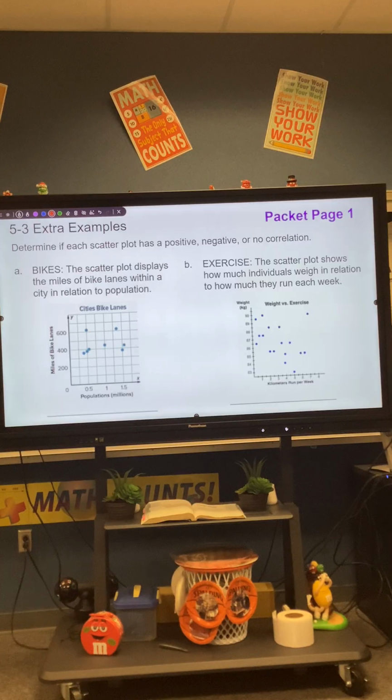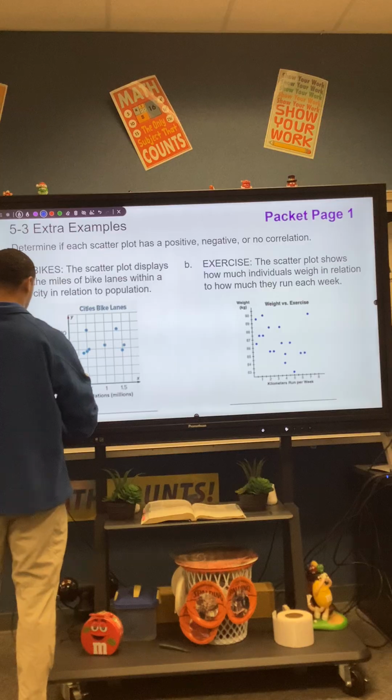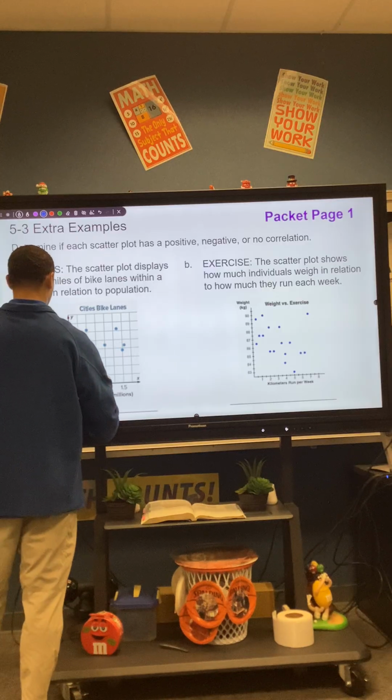So for A, my bikes. Davion, is this a positive, negative, or no correlation? No correlation. Why is that? Because none of them are directly related.